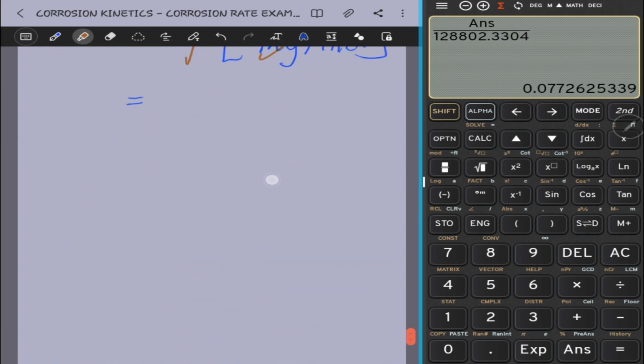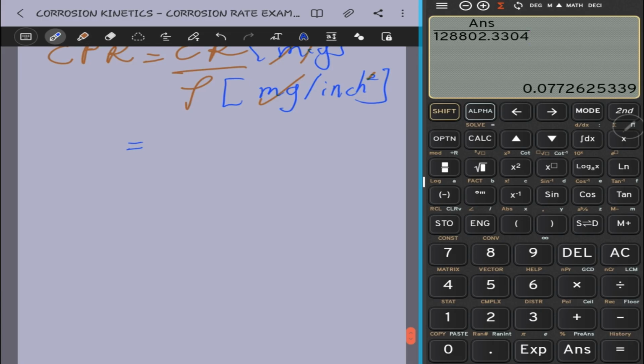So that gives us the corrosion penetration rate in IPY. So we have 0.0773 inches per year. So that's it.